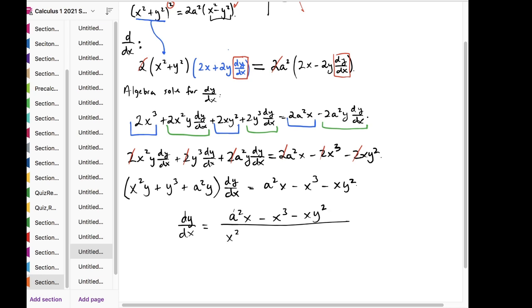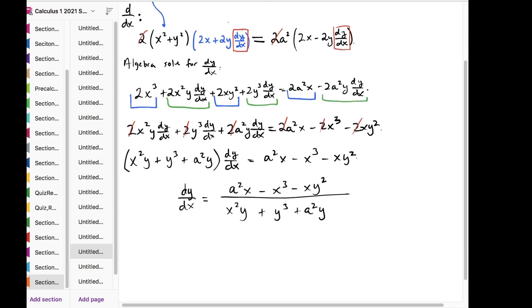If you like y prime better, I know sometimes it's taught as y prime. You can write y prime, or if you like f or h, you can write that too.